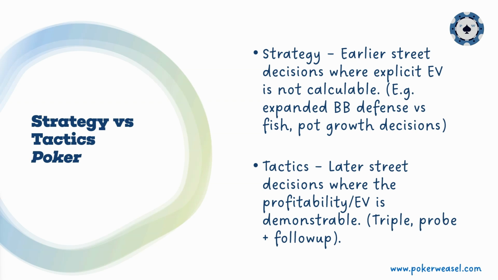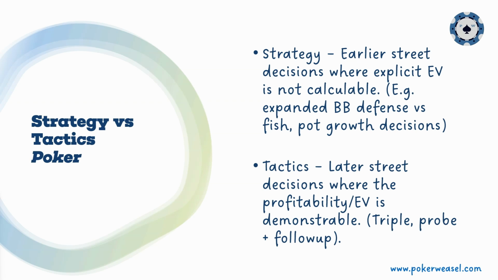We might expect to get 50% fold equity with a 2/3 river triple barrel, for example. So we know that the break-even threshold is 40%, but our opponent is folding 50%. We can then plug those numbers into an EV calculation and determine our precise EV. In other words, we can categorically demonstrate that this is a profitable bluff in this scenario. We can now refer to this as a tactic.